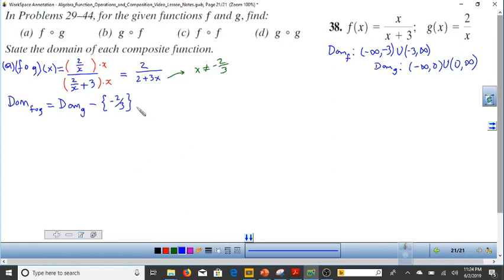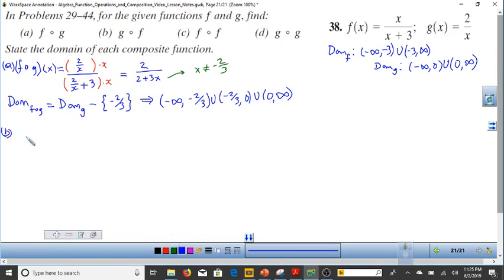So since g did not include 0, that means it's from negative infinity to -2/3, and then from -2/3 to 0, and then from 0 to infinity. In other words, we had to take out an additional -2/3 from the domain of the inner function, because we have to keep the domain of the inner function for the whole thing to work, but we have to take out whatever else caused a problem in the composition.